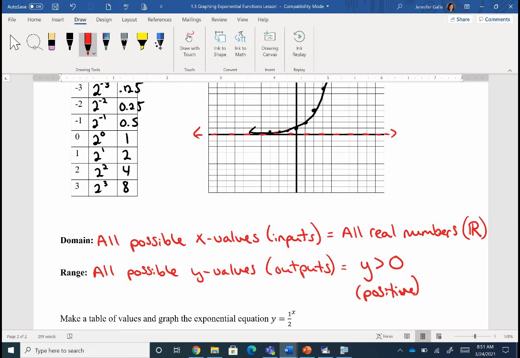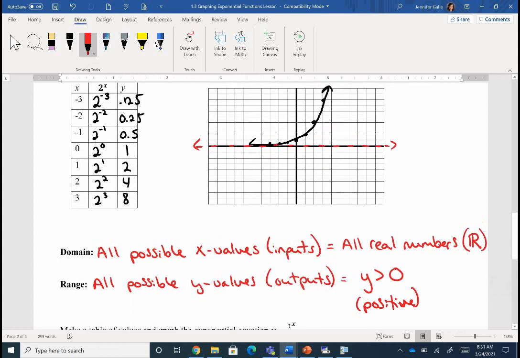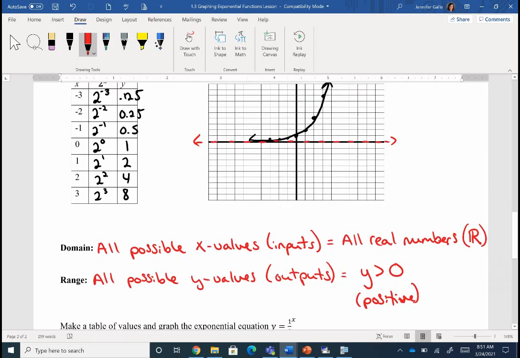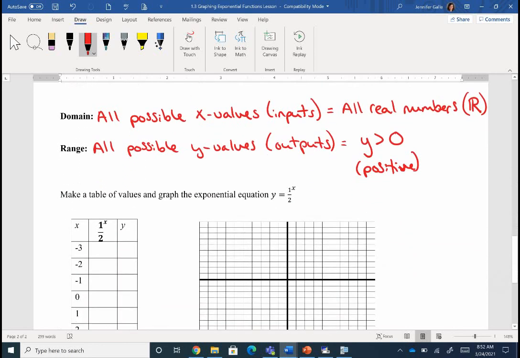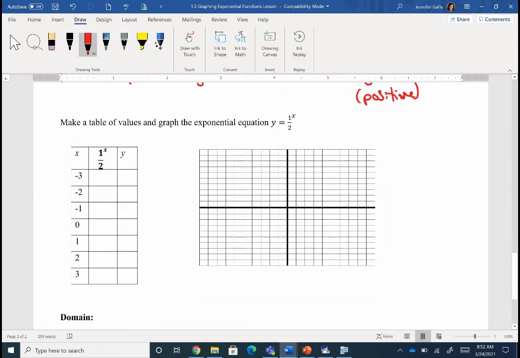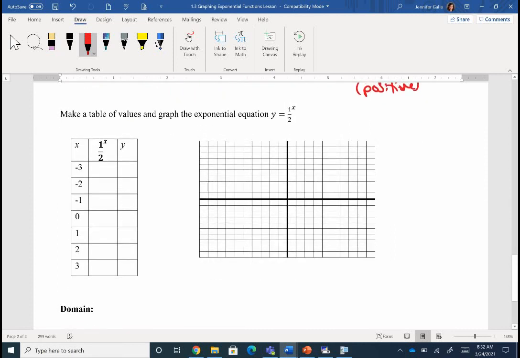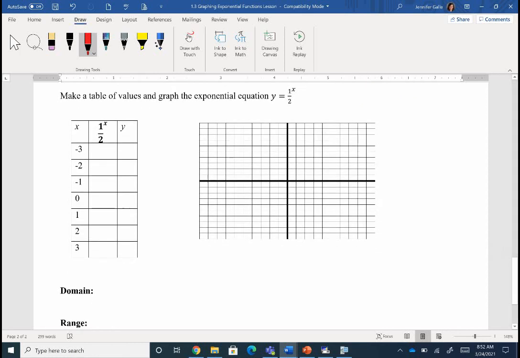Okay? So this is a basic exponential graph. We had 2 as our base number. Let's finish up today seeing what happens when we have a fraction for our base. You might think, oh, Miss Golly, not the fraction piece. We're going to use the technology again, guys.